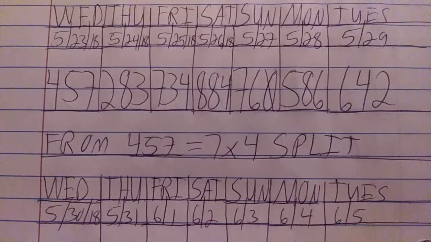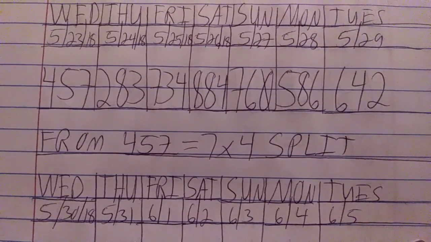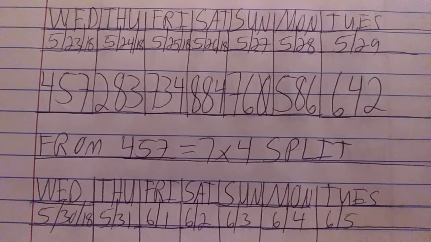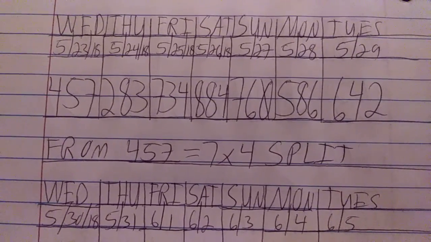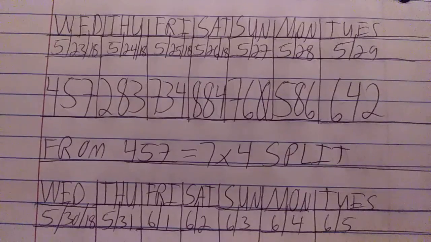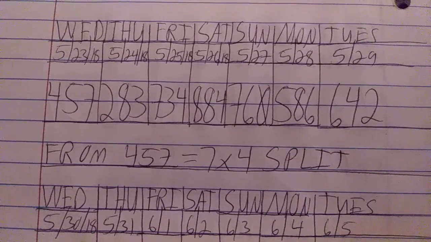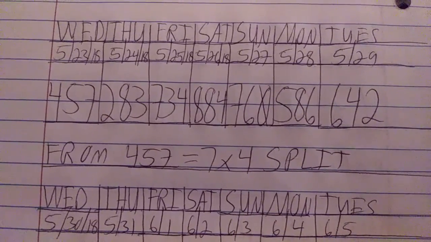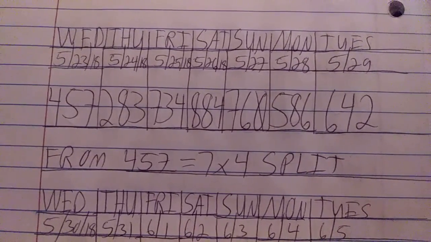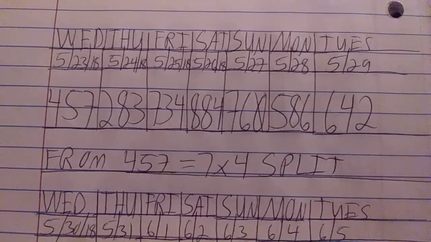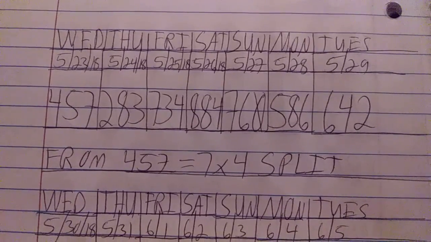On May 23rd, you had 4-5-7 hit. So you're looking for a 4-5 pair, a 5-7 pair, a 7-4 pair, or a 7-5 pair. In this example, you had a 7x4 split on May 25th with 7-3-4.